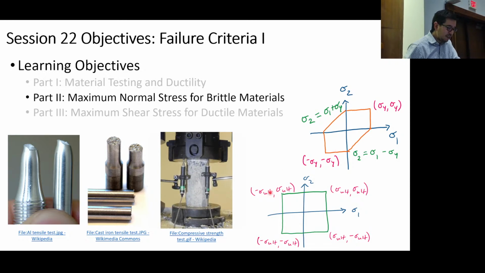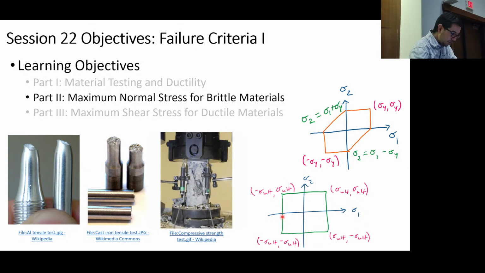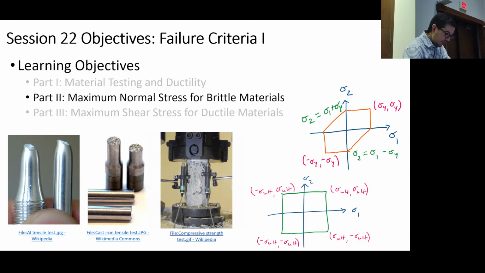Okay, this is just the opening slide, all right? But just so you know, this one here is for brittle materials. This one here is for ductile materials, right? I didn't delete this one here, but this is the type of diagram we're going to be talking about right now.